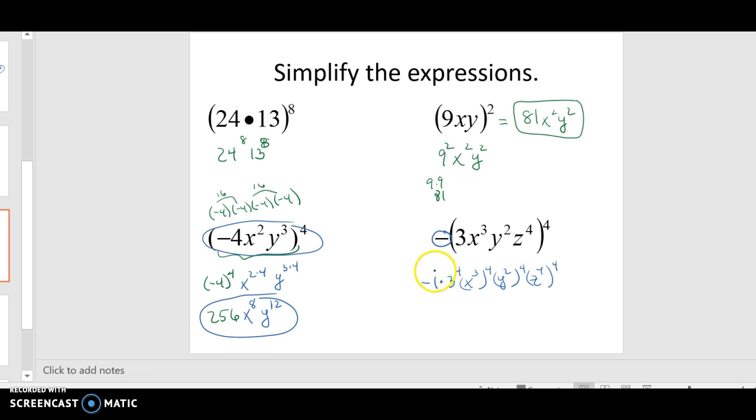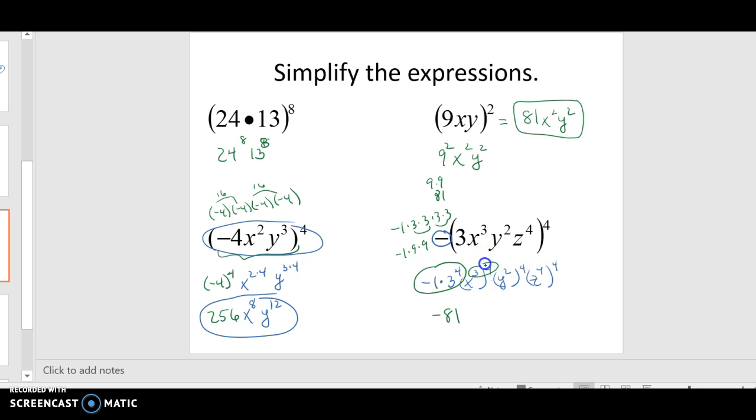But now remember, this is going to be -1 times 3 times 3 times 3 times 3, which gives you -1 times 9 times 9, which is going to give you -81.